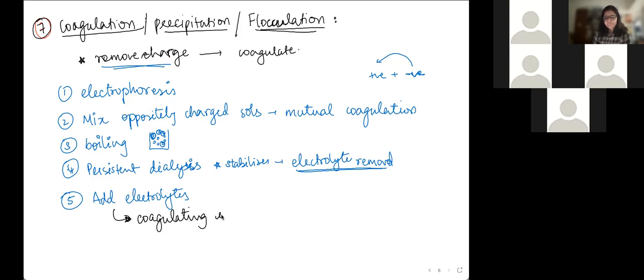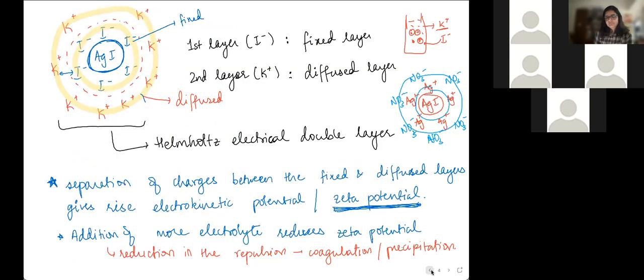So, ma'am, can you take an example here? For example, we have KI in the solution, and then we add AgNO3. So this would be the colloid that already exists. AgI here adsorbs I minus, forms the colloid, and you have a double layer and all that.